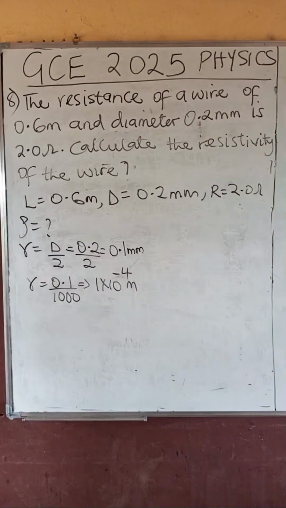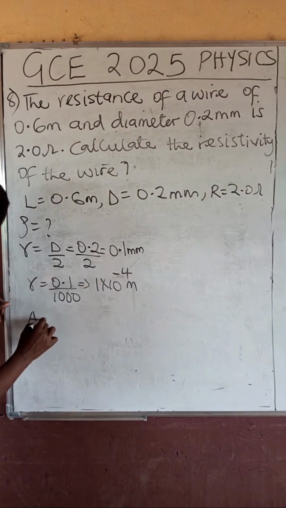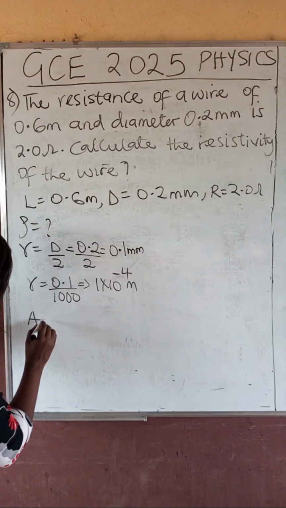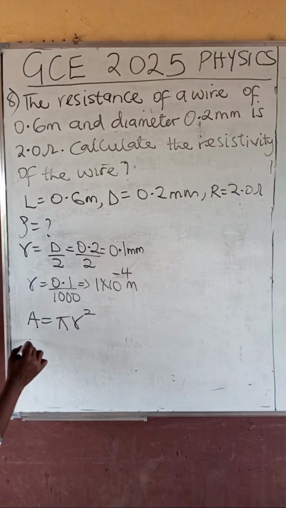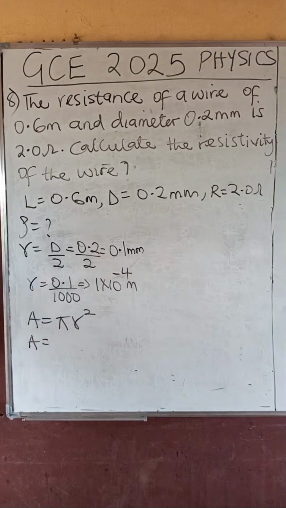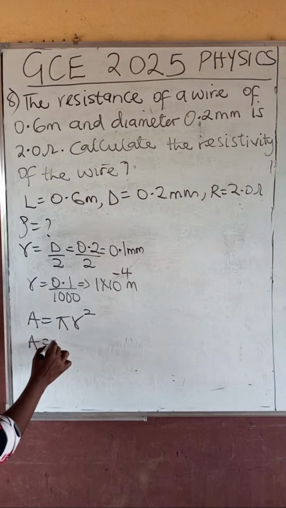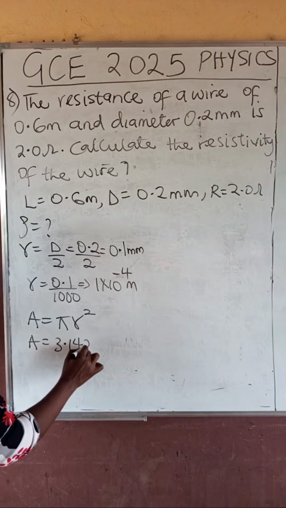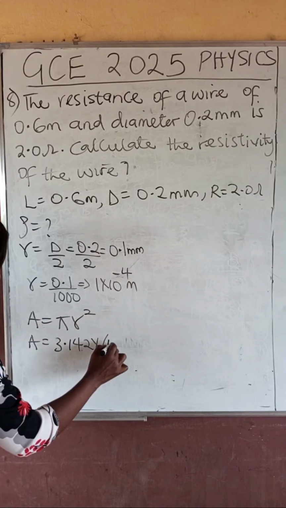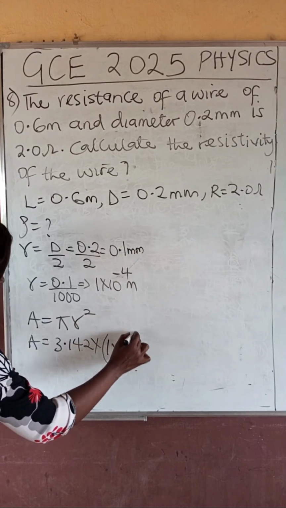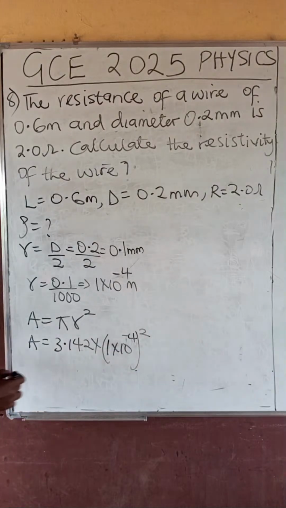Now, let me solve for the area. Area is pi r squared. What is pi? Pi is 22 over 7 or 3.142. So 3.142 multiplied by my r, which is 1 times 10 raised to the power minus 4, all squared.